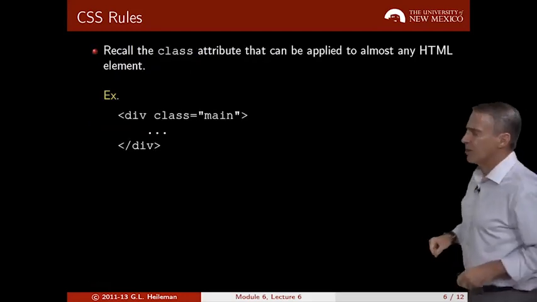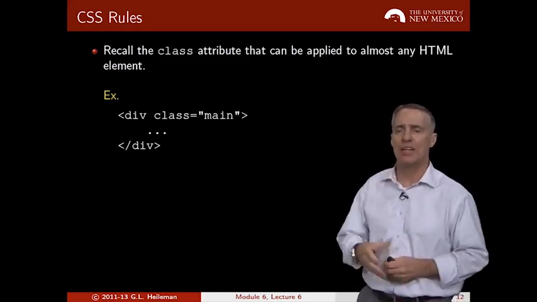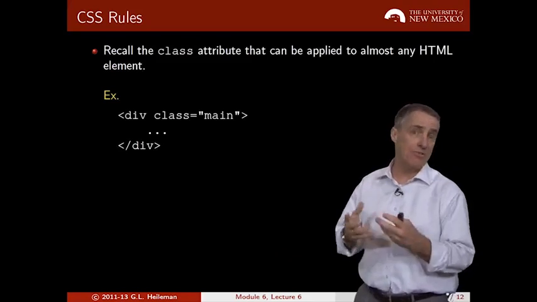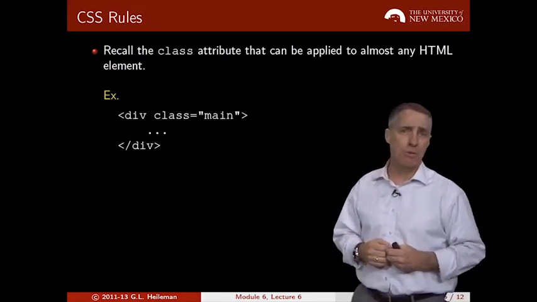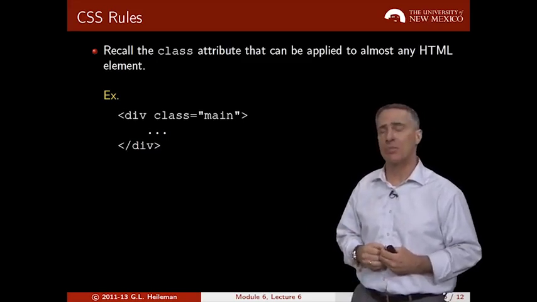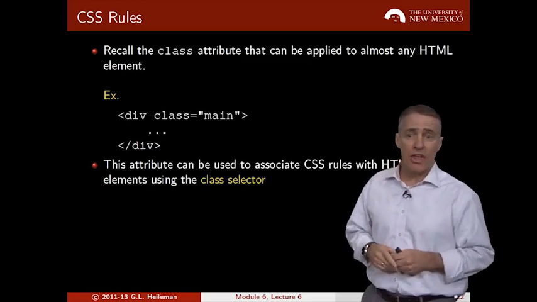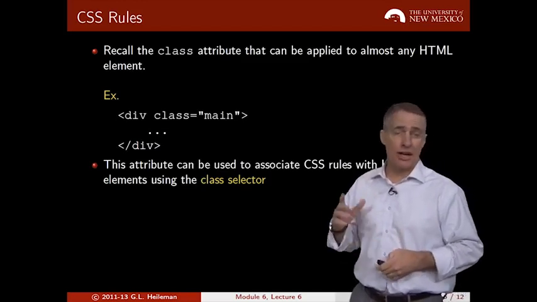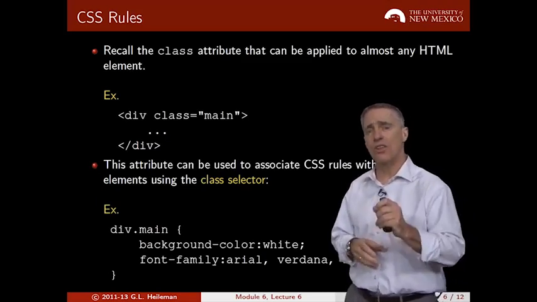Now think back to the class attribute that we said could be associated with almost any HTML element. Here's an example. We're creating a division in the document, and I'm saying that it has class main. And remember, the class attribute can be applied to many different elements. If I want to style that element, here's how I do it. I use the class selector, and the class selector is the dot.